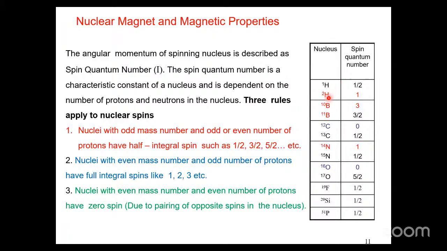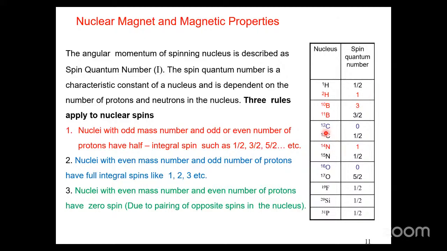Coming to deuterium, which we also call 2H, it will have mass number 2, atomic number 1, and 1 neutron, and we'll have the spin quantum number 1.